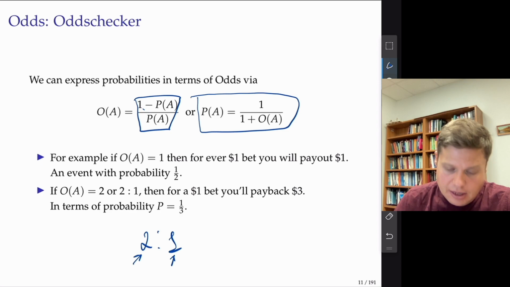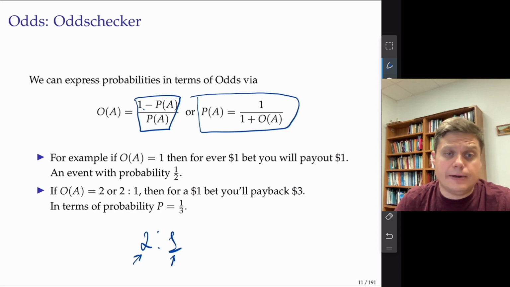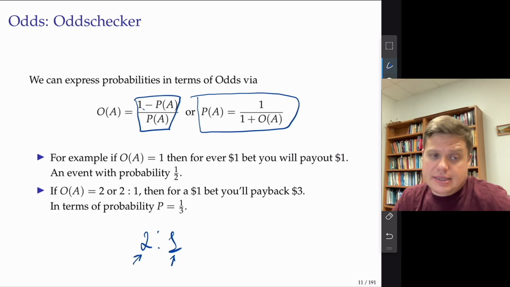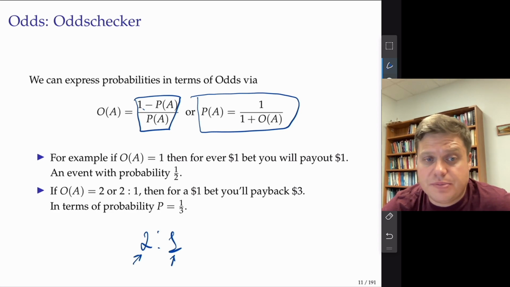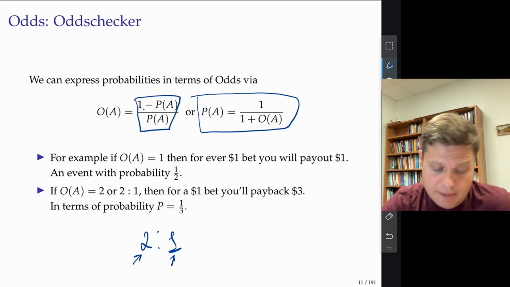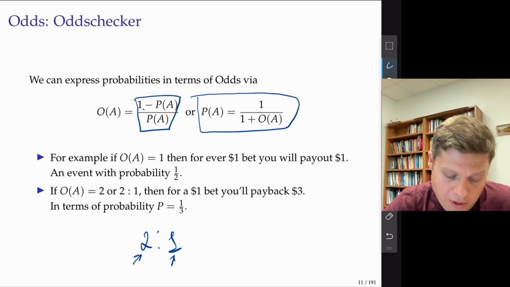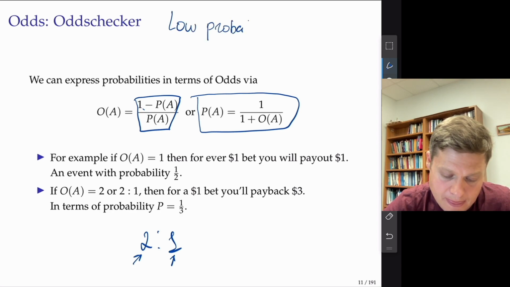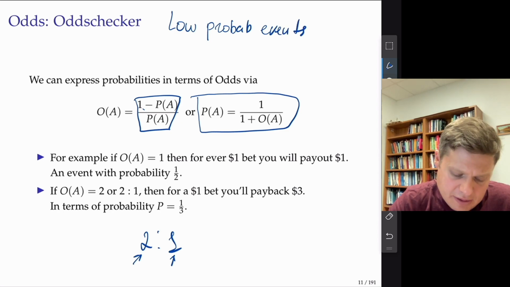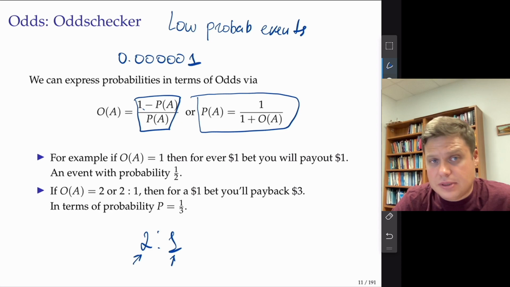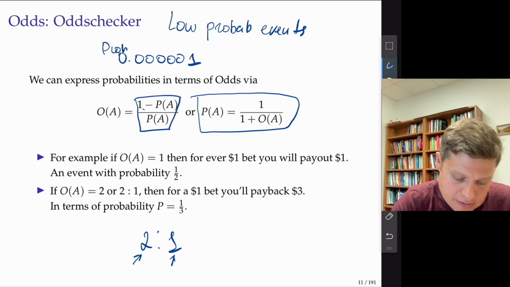Okay. Why do we use odds? Sometimes it's more convenient for mathematical reasons, and sometimes it's more convenient for the reasons of presenting information, especially when we talk about low probability events. So when you tell somebody that probability is 10 to the negative 6, this is a very hard number to assess, right?